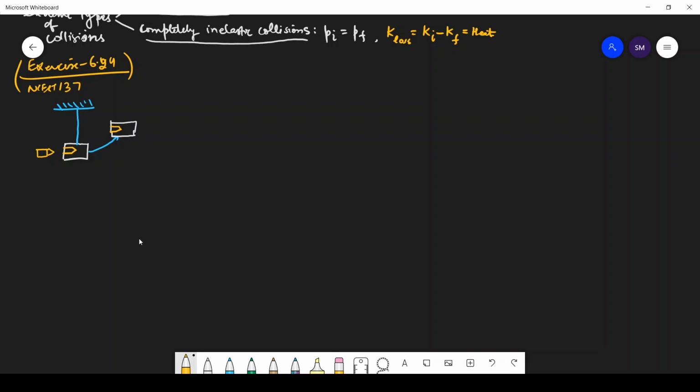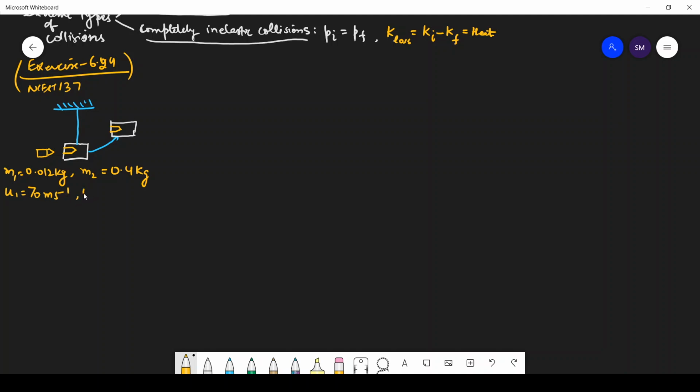The block was at rest. So what is M1 here? This bullet, let us take M1 is equal to 0.012 kilograms. And M2 is the mass of this wooden block, M2 is equal to 0.4 kilograms. Here U1 means just as it hit this block, before hitting, the velocity of the bullet was 70 meters per second.